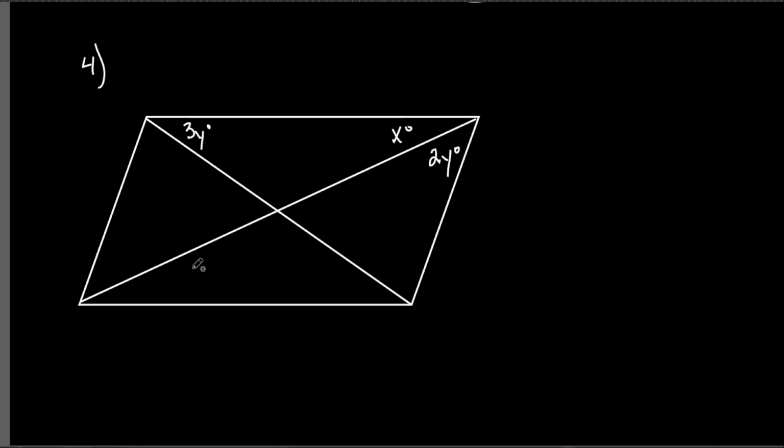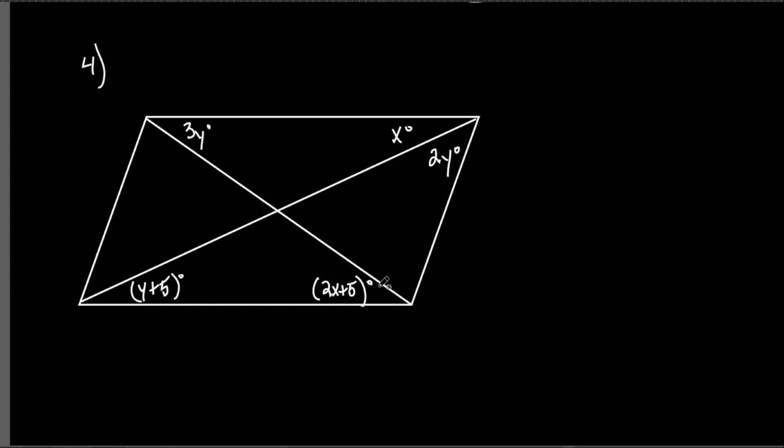We've got this. And 2x plus 5 right here. This is 3y right here. This is x. This is 2y. This is y plus 5. And this is 2x plus 5.